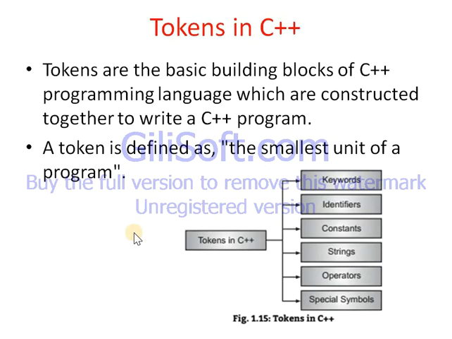Next we discussed tokens present in C++. A token is nothing but the smallest unit of a program. There are different types of tokens present in any C++ program: keywords, identifiers, constants, strings, operators and special symbols. These all are the tokens in the C++ language.